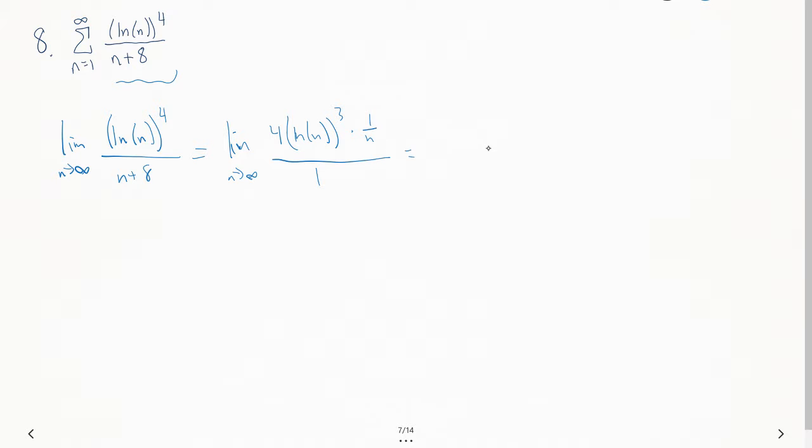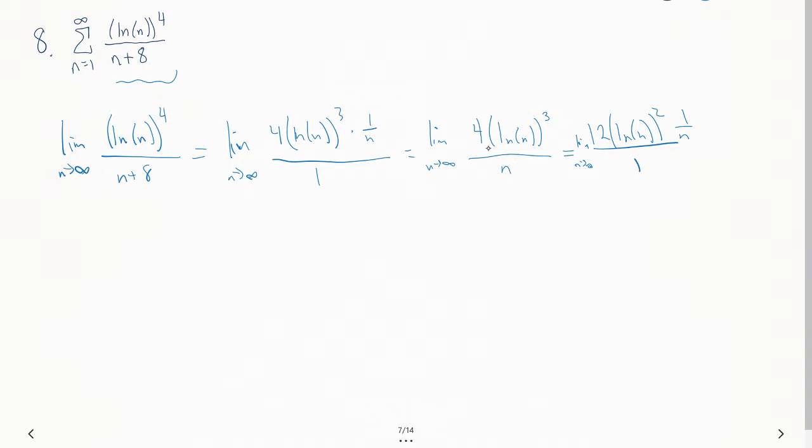But just to make sure, this is 4 natural log of n, the quantity cubed, all over n, and we can do a similar thing. So this thing becomes the limit as n goes to infinity of 12 natural log of n, the quantity squared, times 1 over n.